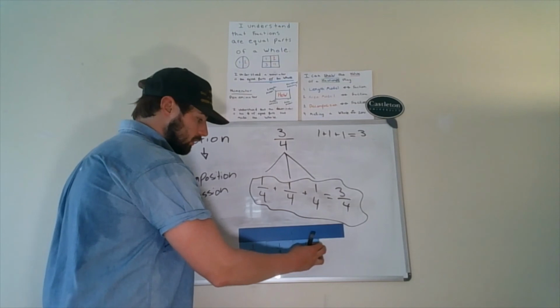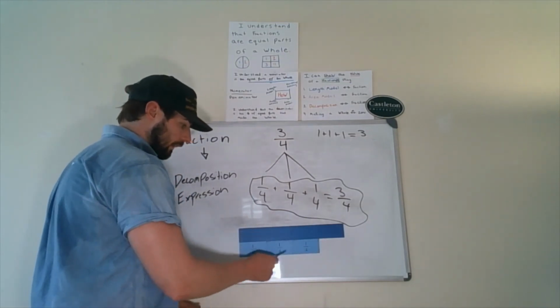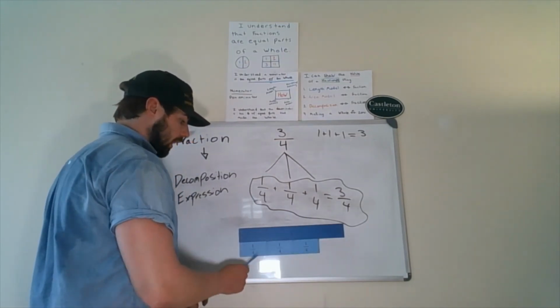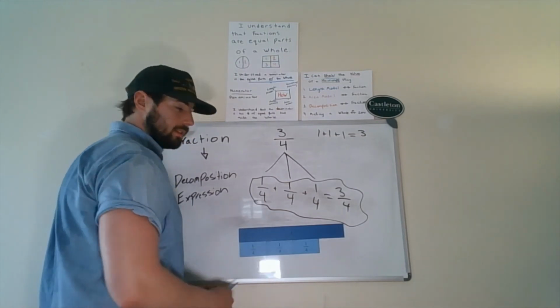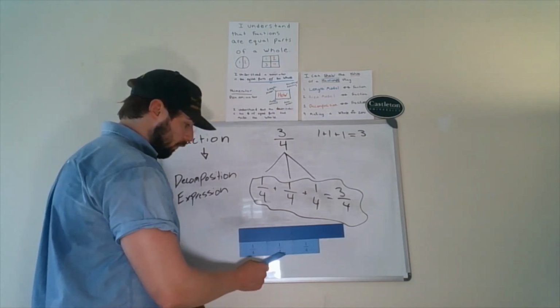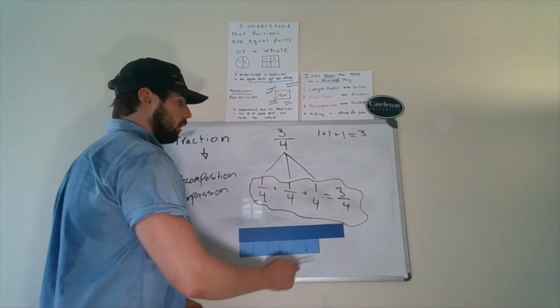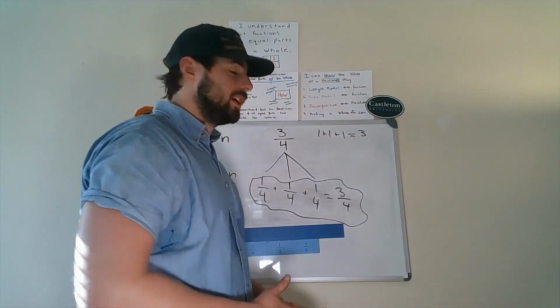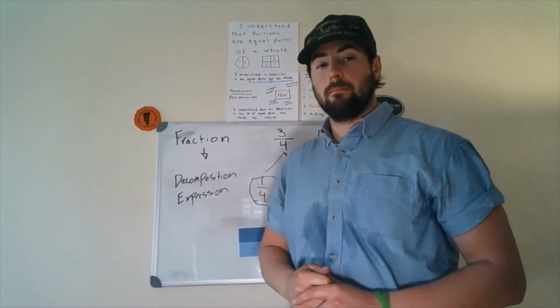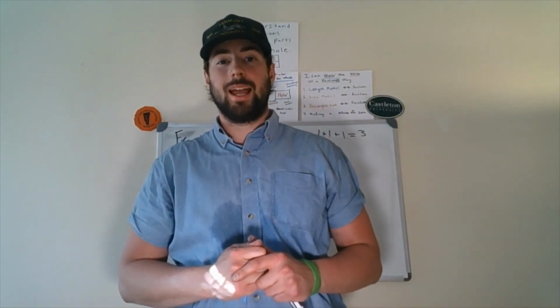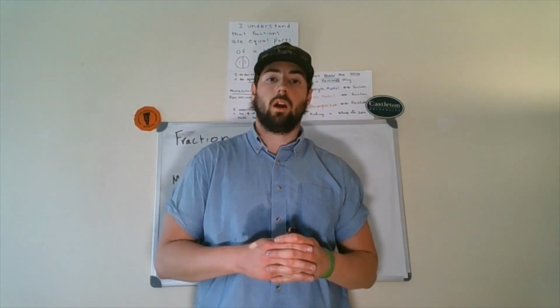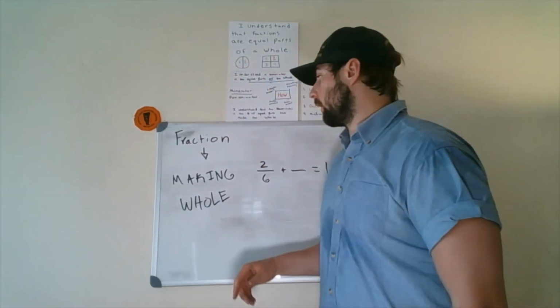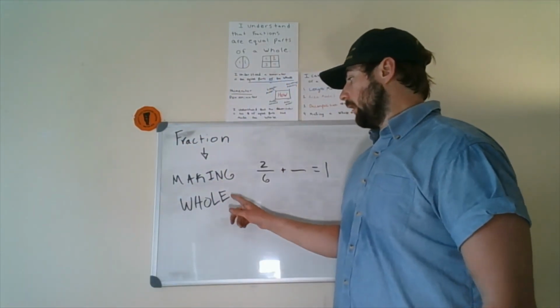But the parts are fourths. The parts are of 4 parts that make the whole. 1/4 plus 1/4 plus 1/4 equals 3/4. We do taking a fraction, making it into a decomposition expression. All right, guys, we do for taking a fraction and making it a whole.